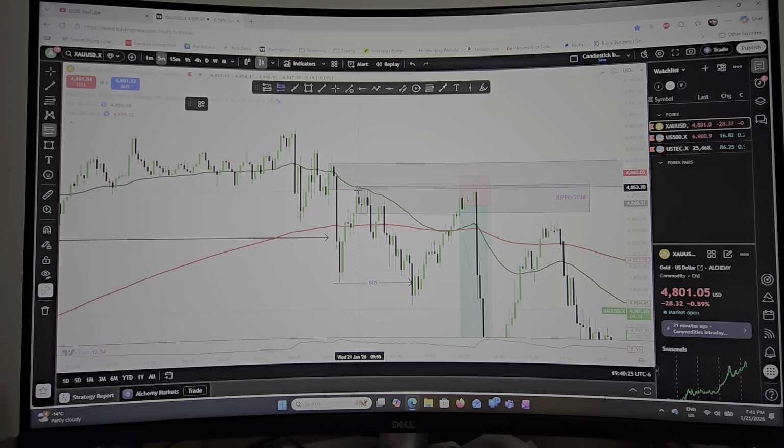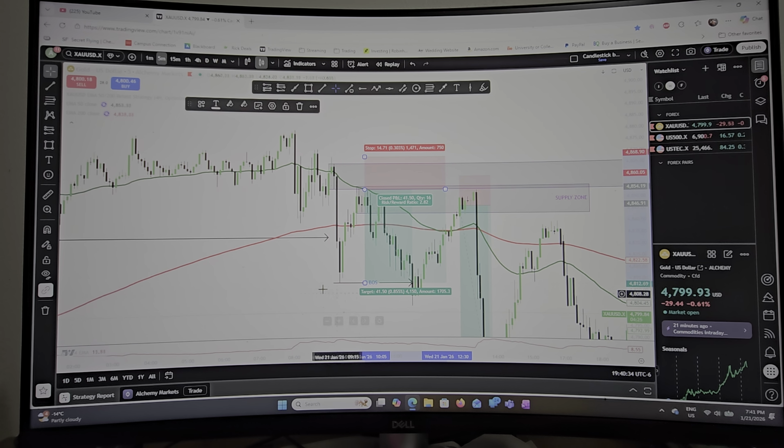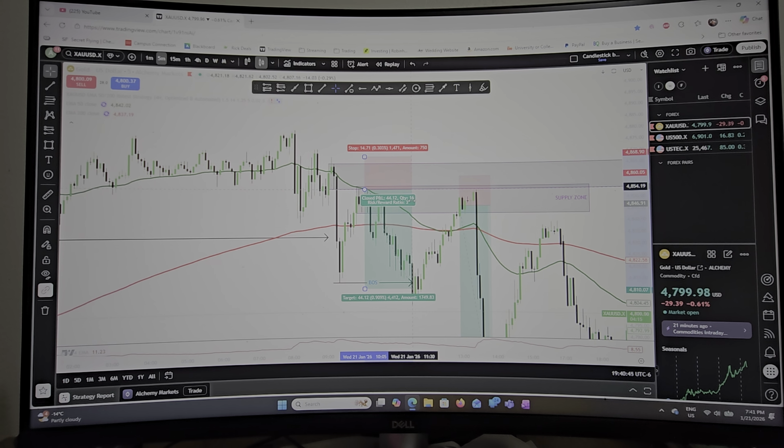We would have been clocked in either here or here, and stop just above, and take it back to that point, and that's 1 to 2.8. You can mark a 1, 2, 3. That would have still been valid, but I did not see it.